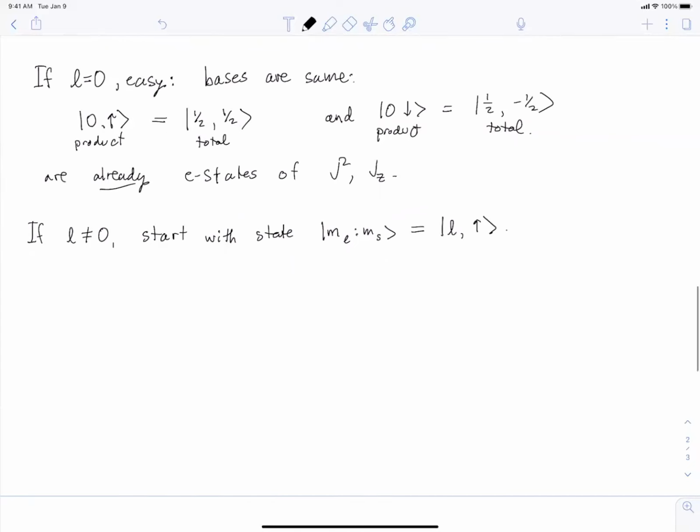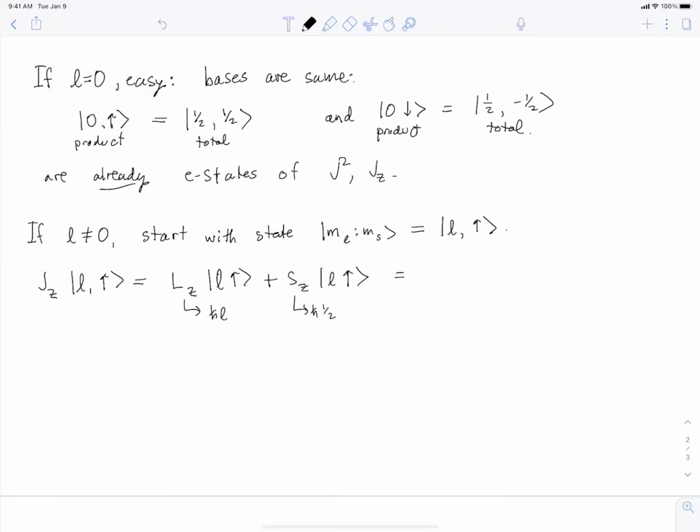All right, so let's examine that state, and we're going to take J_z acting on it. And to do that, we're going to write J sub z as L sub z plus S sub z. So we do that. And then L sub z acting on this state just gives h bar times L, because L really here is standing for M sub L. And S sub z acting on up arrow is going to give h bar times 1/2.